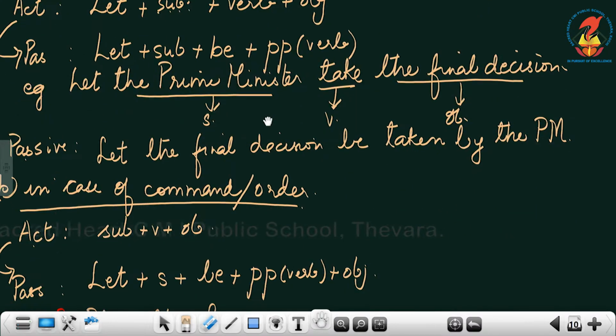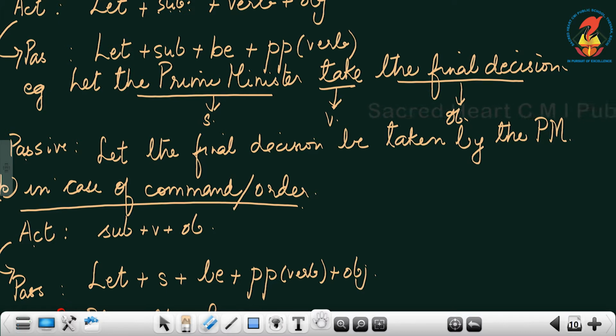We have Prime Minister as the subject, take as the verb, the final decision as the object. Now how are you going to rewrite this into its passive form using the word let? Let the final decision be taken by the Prime Minister. I have used the short form here, by the Prime Minister.